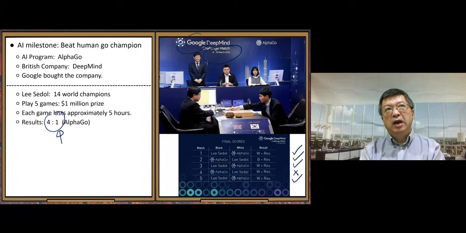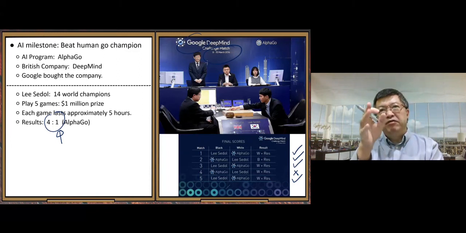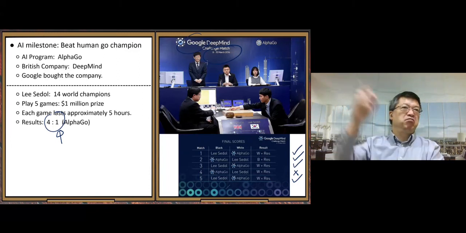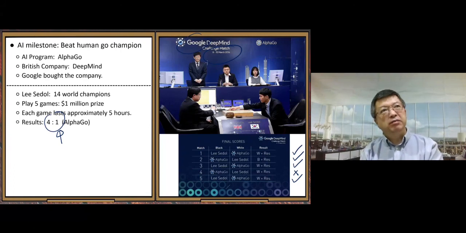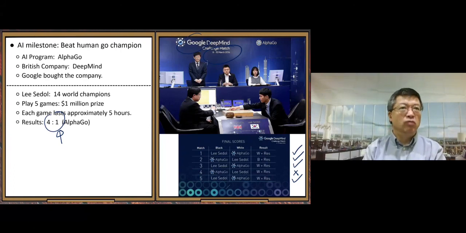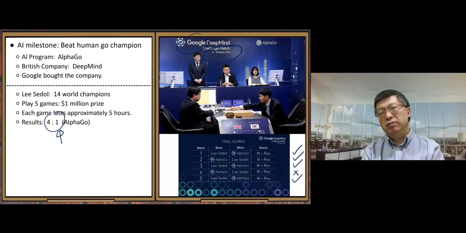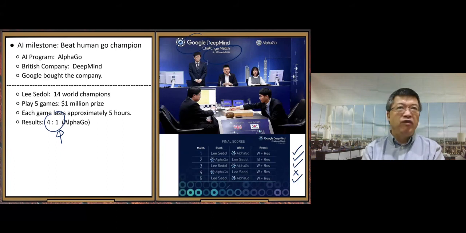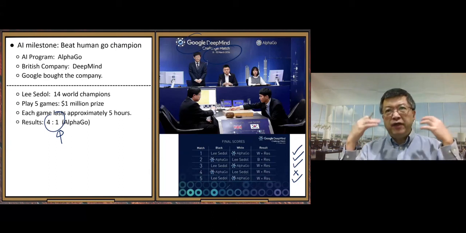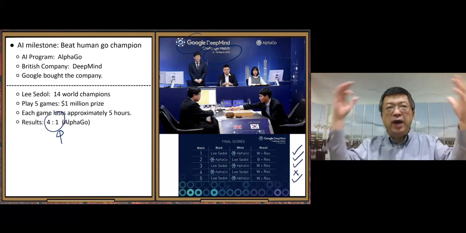AlphaGo played several consecutive horrible moves. Very stupid, horrible moves, just like suicide in a Go game. Professional Go players will never play that kind of stupid move. So I treat it as AlphaGo just giving that game away to Lee Sedol.